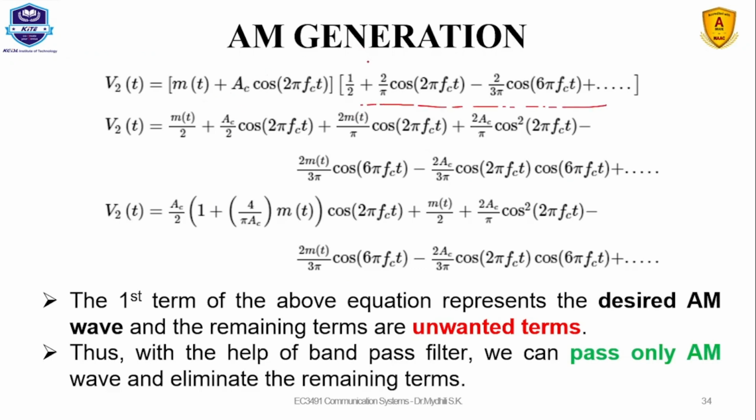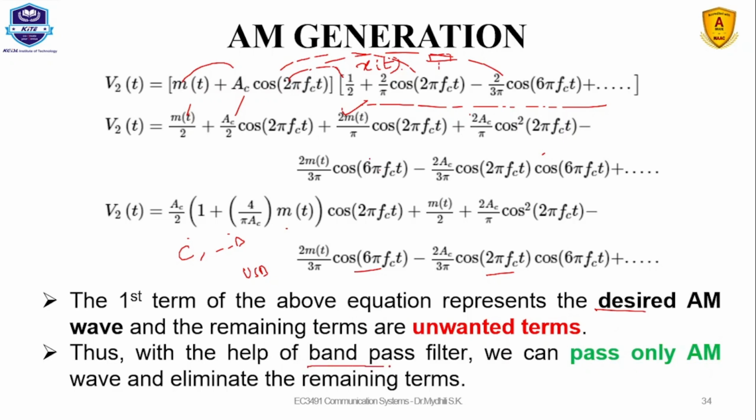Solving it, we multiply with 1/2, then the second term, then the third term, and get the higher terms. So we now have more terms apart from the carrier, lower sideband and upper sideband. We need to eliminate the unwanted signals to get the desired AM signal.